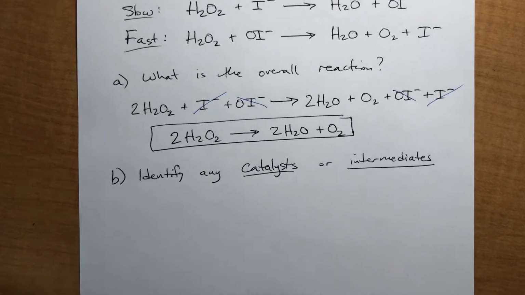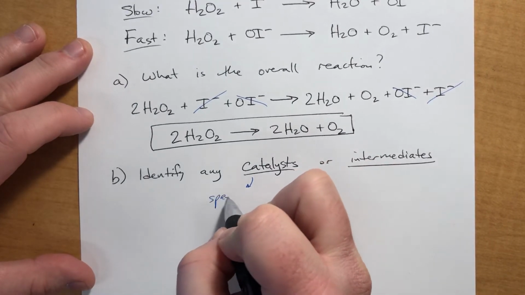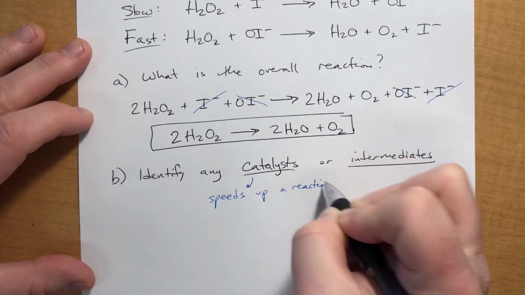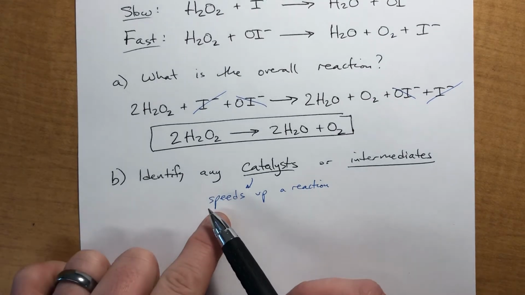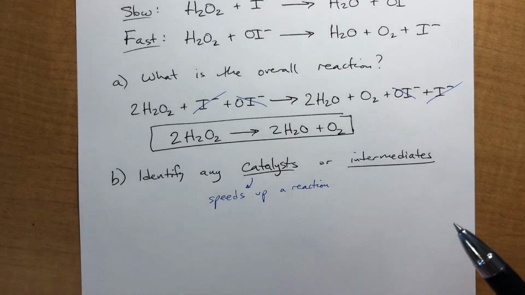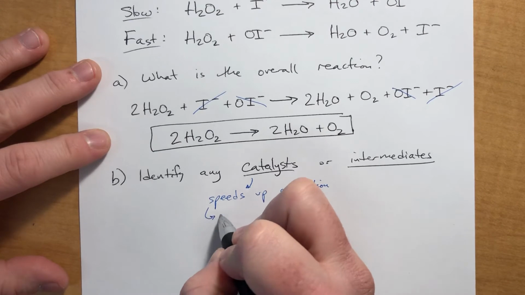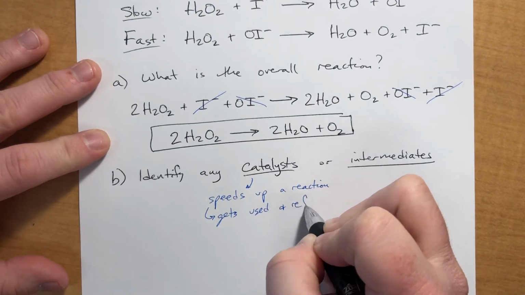A catalyst is something that speeds up a reaction. That is the easy answer as to what it is. But it is also something that is used up in the beginning and then you get it back at the end. It's almost like it gets used and recycled and then spit back out. So basically it gets used and reformed.